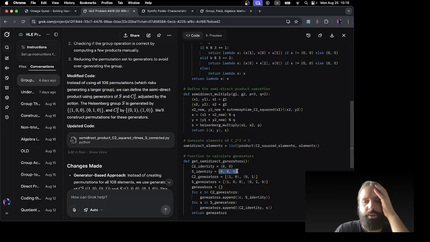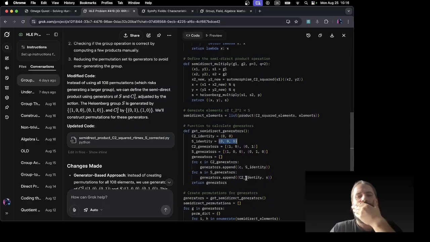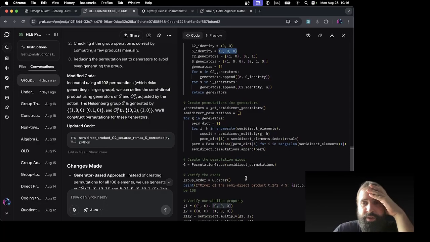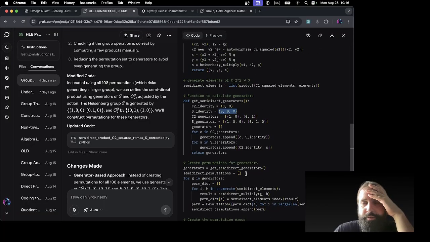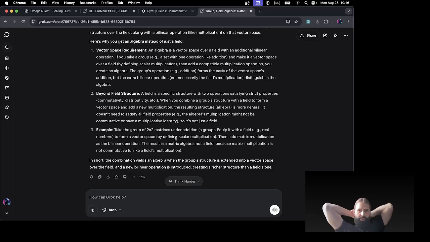You have collections over a field. That's why, in most cases, you have a resulting algebra, because you actually have to have those structures. All right, makes sense. How do I remember this? These are interesting concepts, right? You have groups, you have fields, and then you have algebras.